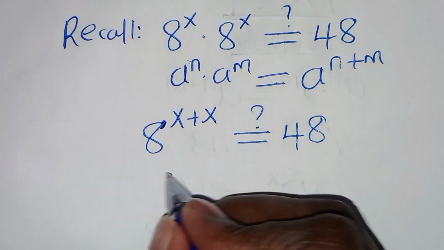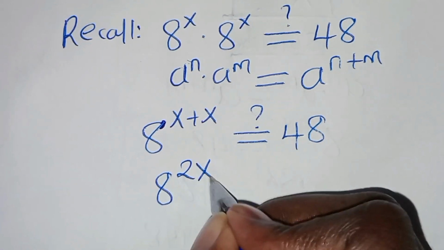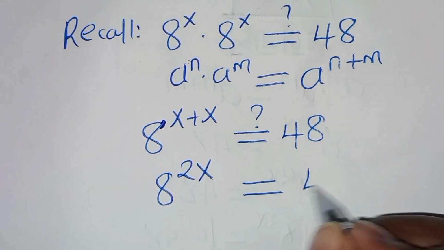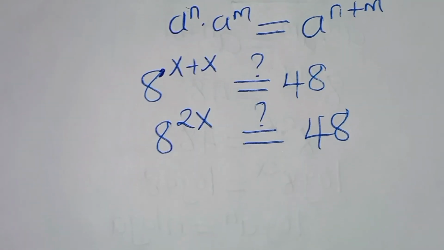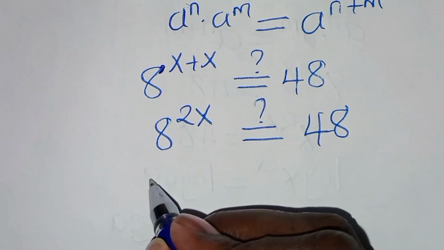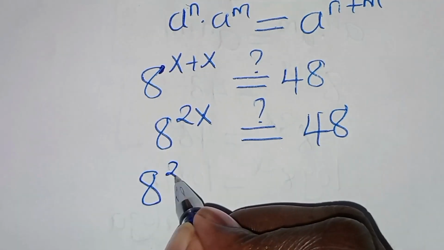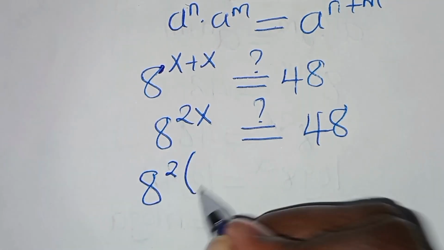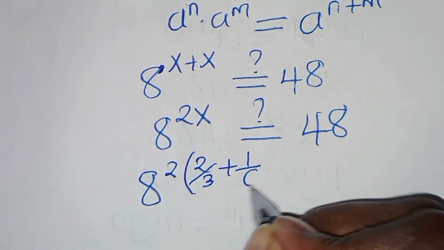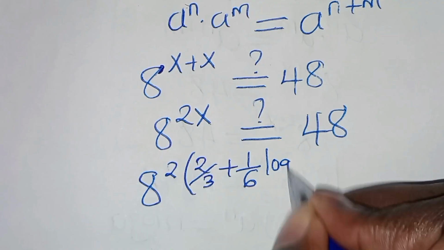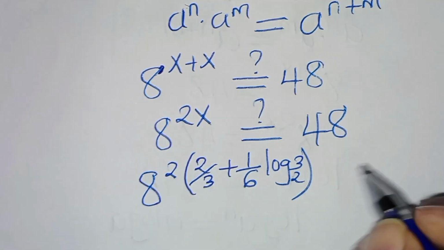So here we have 8 to the power of 2x. This is supposed to give us a value of 48. So the next step is to substitute the value of x. So we have 8 to the power of 2 times x. Remember, x is 2 over 3 plus 1 over 6 log 3 to base 2. Close the bracket.